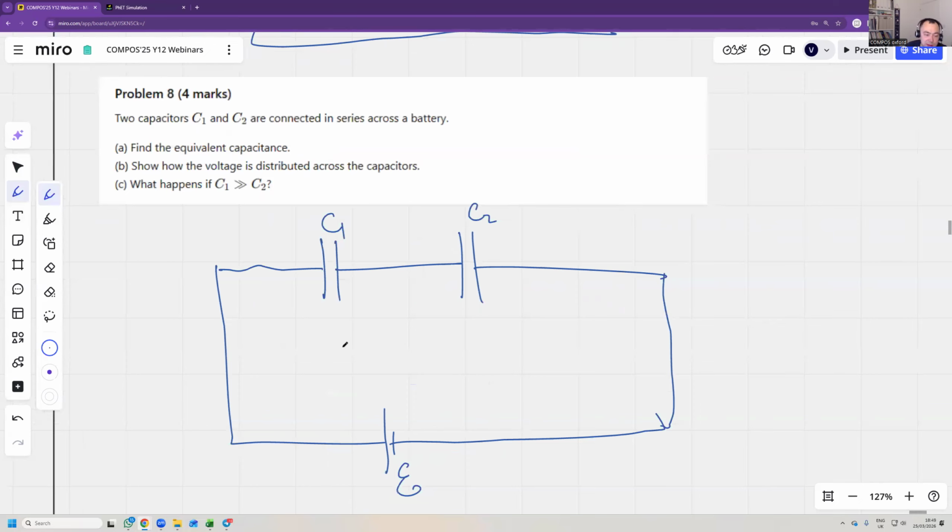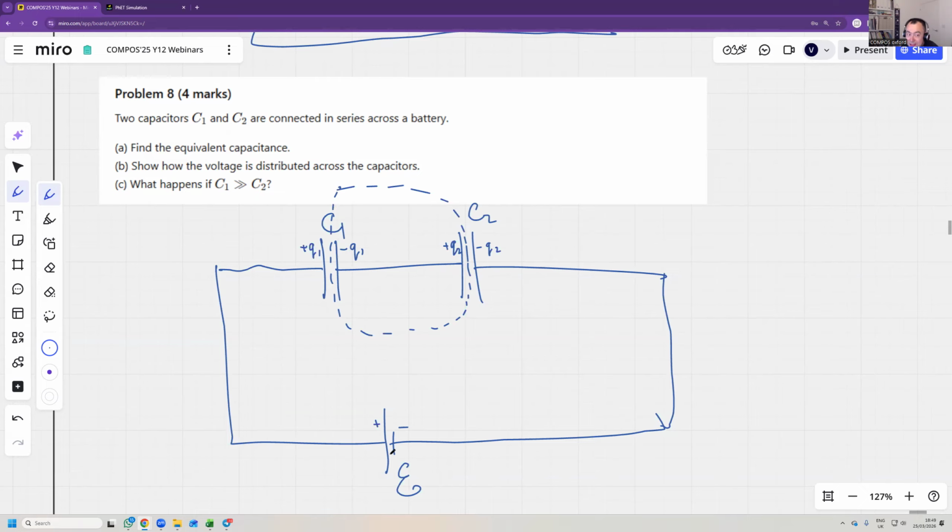So imagine that this is a positive plate, this is a negative plate. If you have a positive charge here, Q1, there will be a negative charge on the opposite plate, negative Q1. And then the second capacitor will have a positive charge Q2 here, and a negative Q2 charge here. But if you look at this part of the circuit, you can see that it is isolated and the total charge has to be conserved.